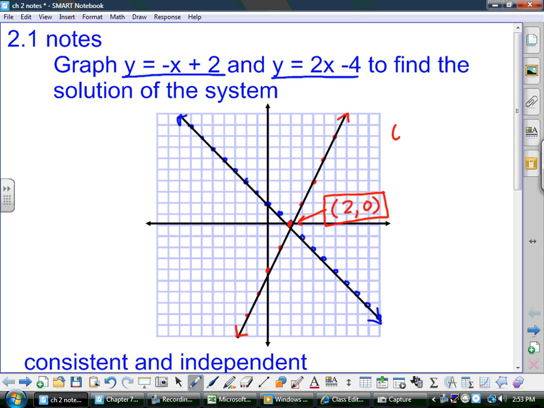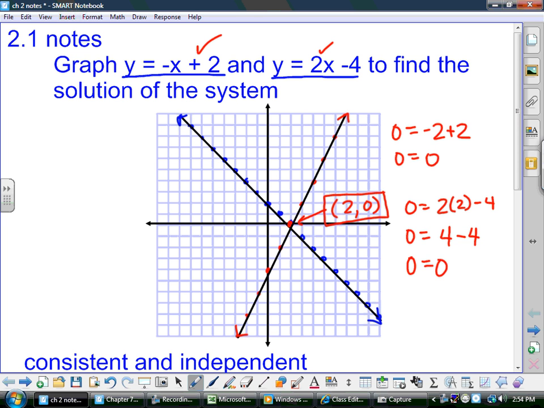And that's because if we plug in 2, 0 into each equation, we get something that is true. So the point 2, 0 is a solution to the first equation, and it is a solution to the second equation.